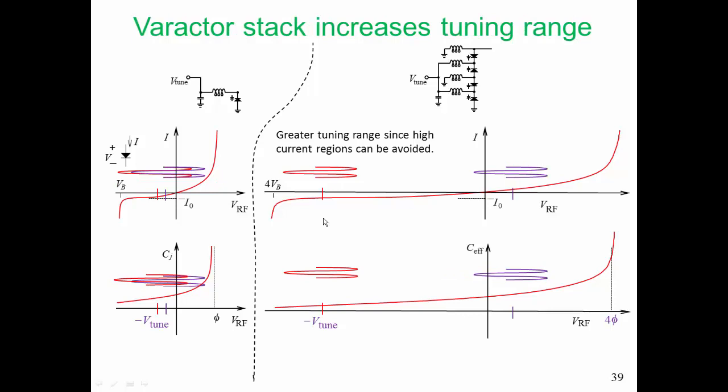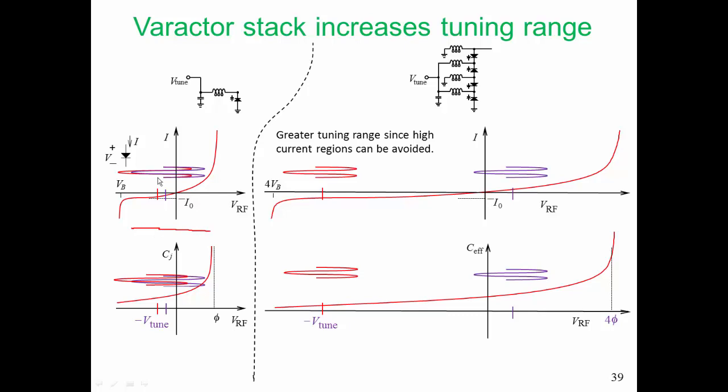Another similar characteristic is the effect of the Varactor stack on the tuning range. The range of tuning voltages is essentially determined by the current flow through the diode. There is forward current flow and there is reverse current flow when we reach breakdown. So I've exaggerated things here a little bit. I've shown 2 RF signals on the IV curve.